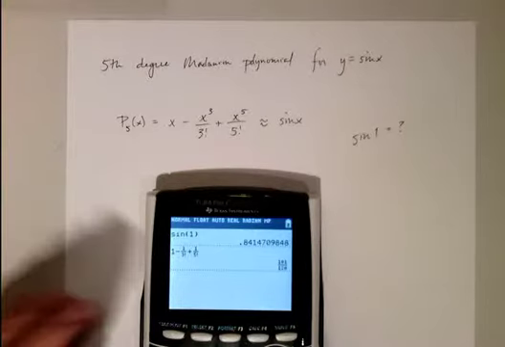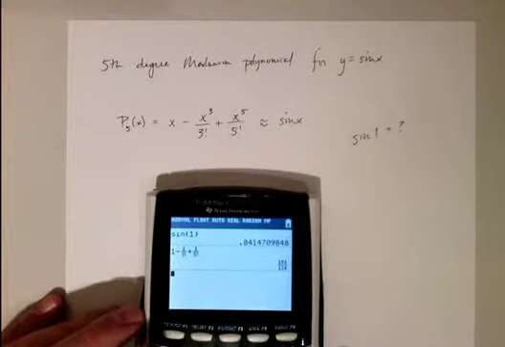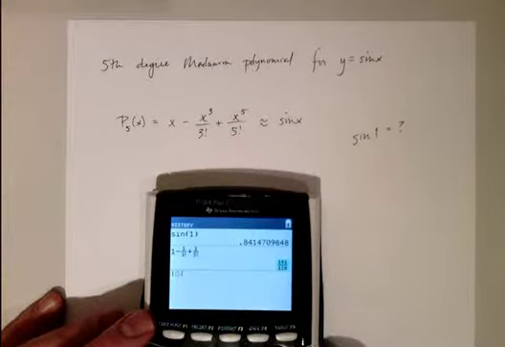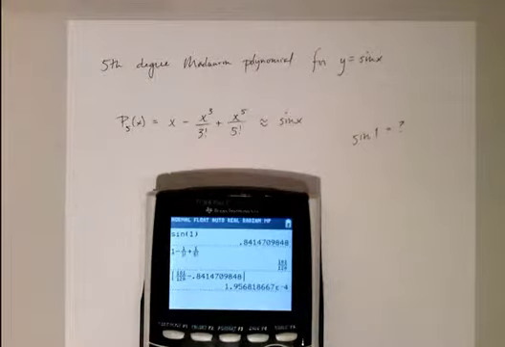That winds up being our difference, right? So I want to put that there, and then minus that, and let's see what the difference is. Okay, well that's a pretty good approximation.